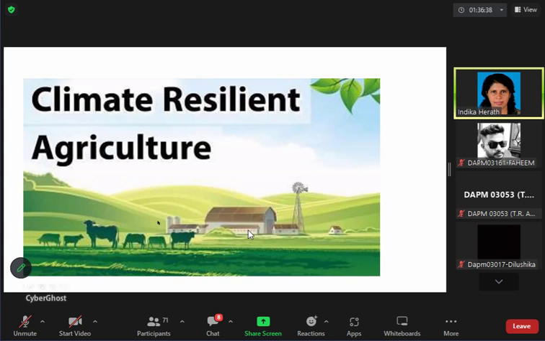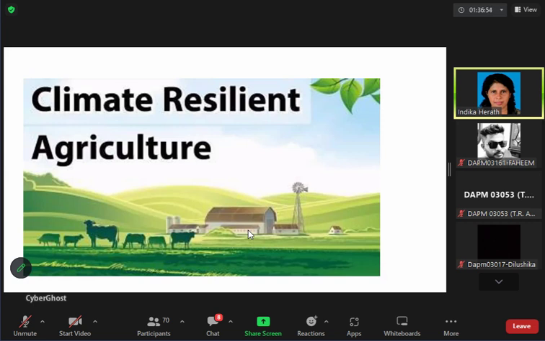Okay, climate resilient agriculture is about this: when there is climate change, we know what has been happening. The temperature increased and the rainfall intensity changes.